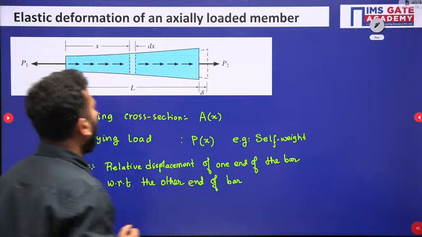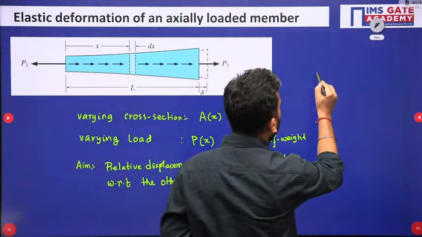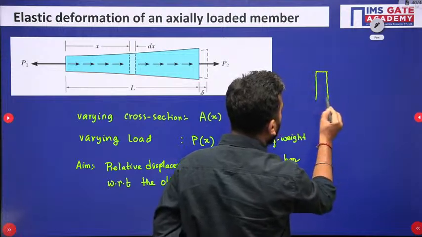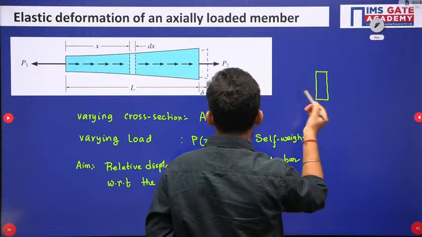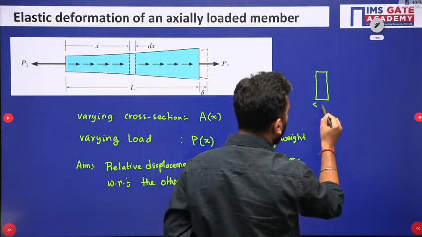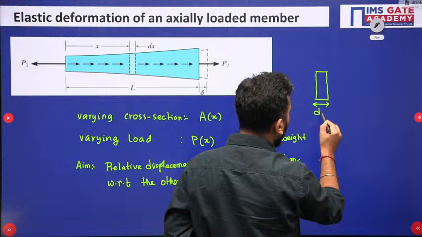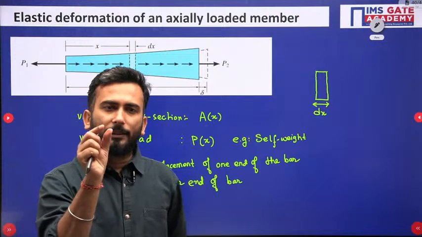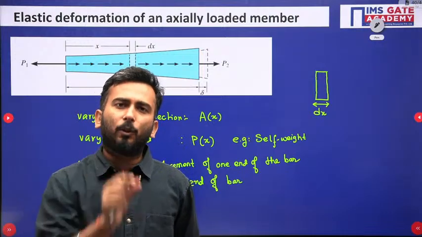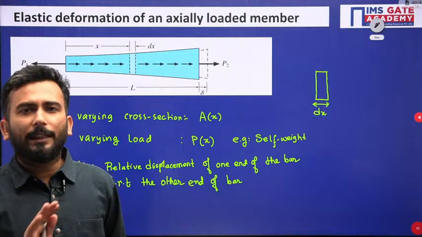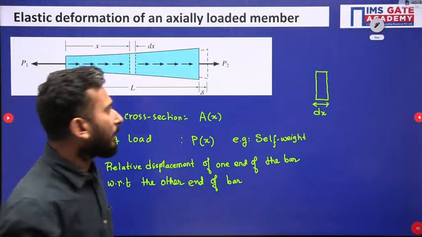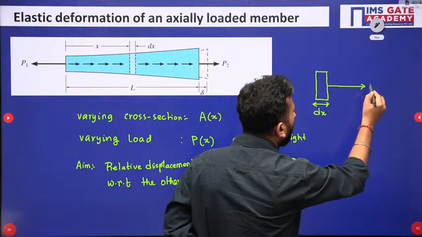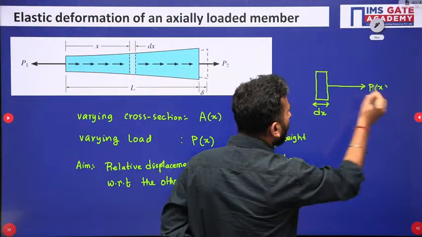So what I will do, I will take a small section over here. Let's say the length of this small section will be dx. So what is the purpose of taking a small section? Because the section is so small, the length is so small, that I can assume that the area is not changing in that cross section. So on this material, the load P, which is a function of x, is acting.